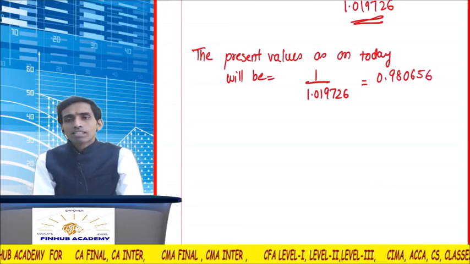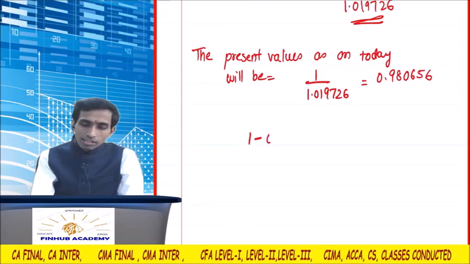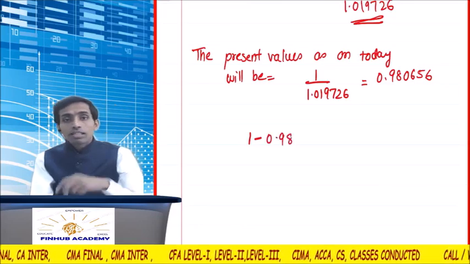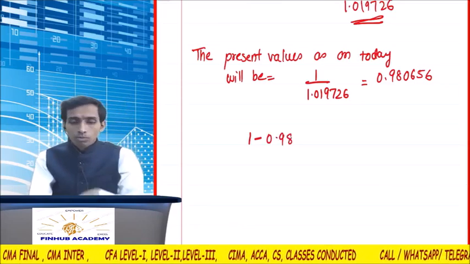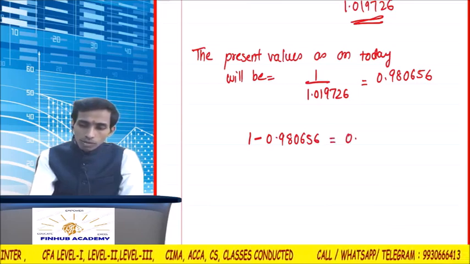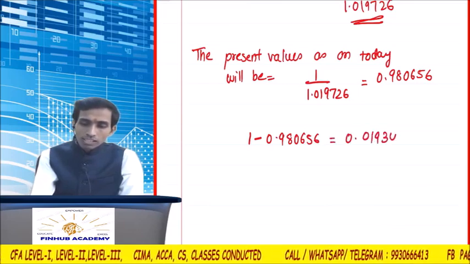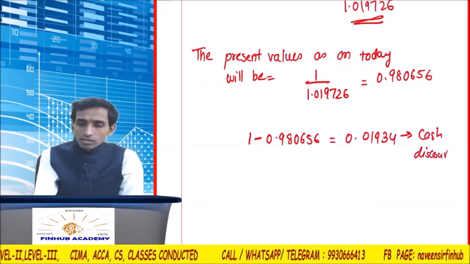Understood? So listen. 1 minus 0.98. You were about to pay me 1 rupee. Instead, you are paying me how much? 0.980656. So 1 minus 0.980656 is 0.01934, which is the cash discount. Understood?